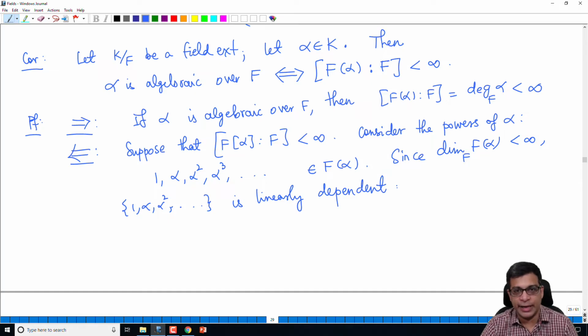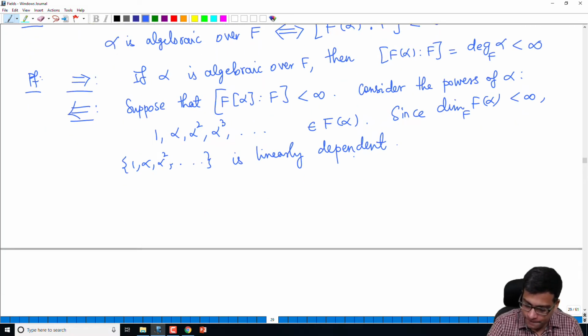Remember, if the dimension is 100, any set containing more than 100 elements has to be linearly dependent, because if it were linearly independent, you would have a linearly independent set with more elements than a basis, which is not possible.